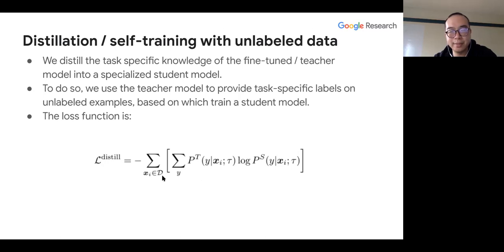We go over the examples in the data set, which are unlabeled, and ask the teacher to make a prediction, which is some softmax over some predefined classes. Then we ask the student network to match that distribution, to minimize the KL divergence between the teacher's prediction and the student's prediction. So that's basically what we do in the third step.